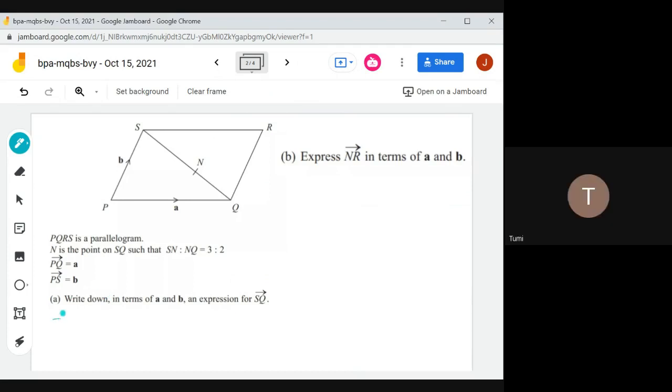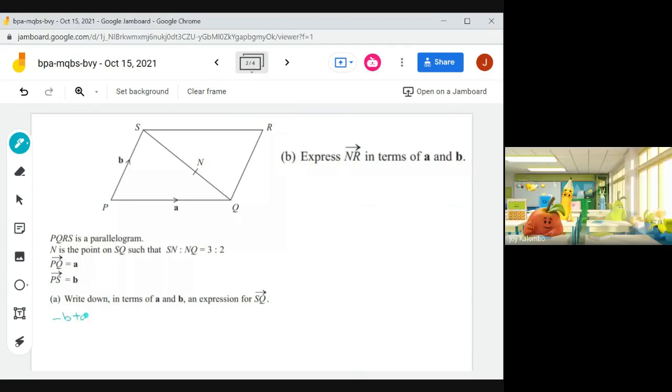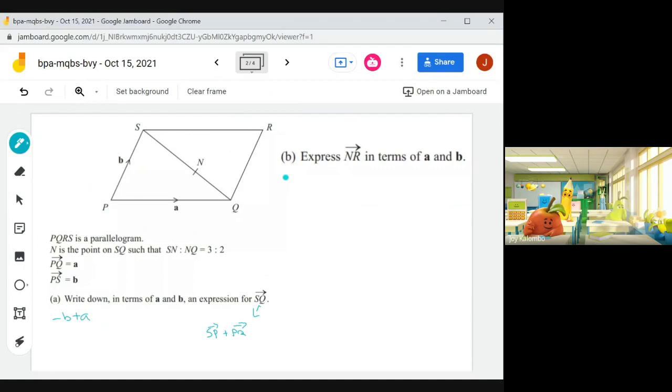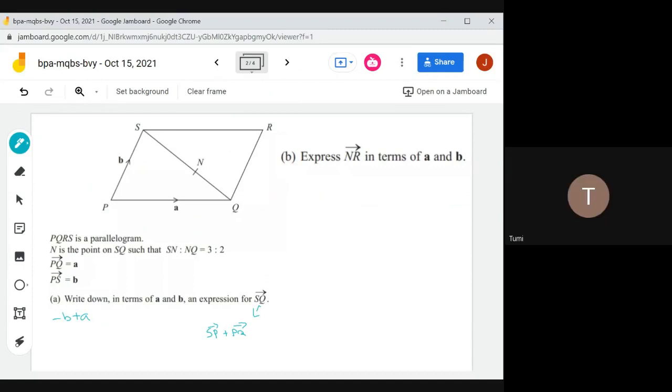Okay. B plus A. Yeah. Okay. And then for the second part, I was just writing stuff down for part A. But yeah, I'll let you think about part B. Okay. I think I know the first steps maybe.